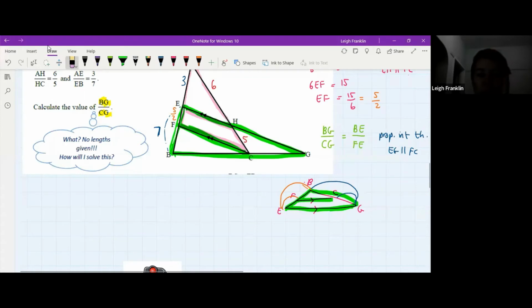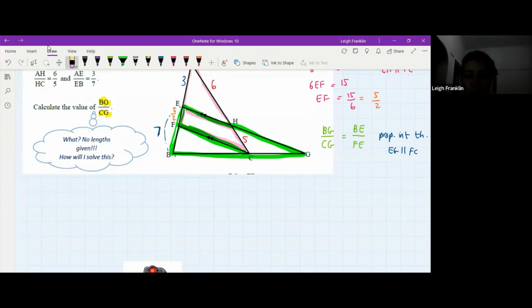I'm just going to get rid of this. Now BG over CG is going to be equal to BE, the whole of BE, over FE. The whole of BE is going to be, well, BF is 7 and FE is 5 over 2.